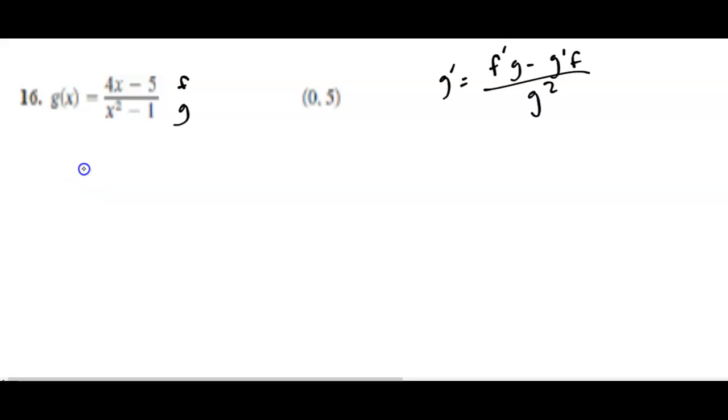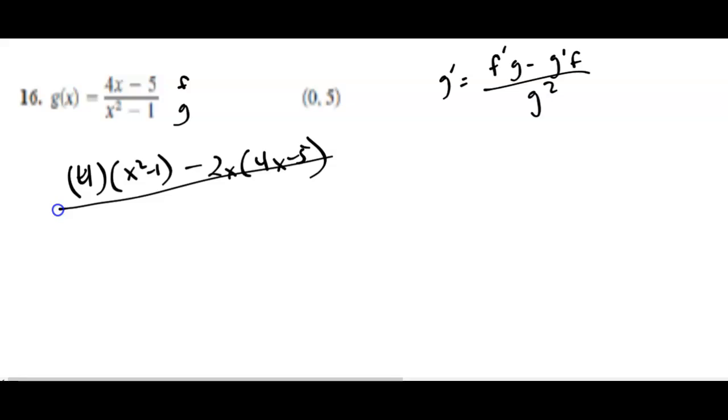So the derivative of f would be 4 times x squared minus 1, minus the derivative of this right here, which is 2x, times, all over x squared minus 1 squared.